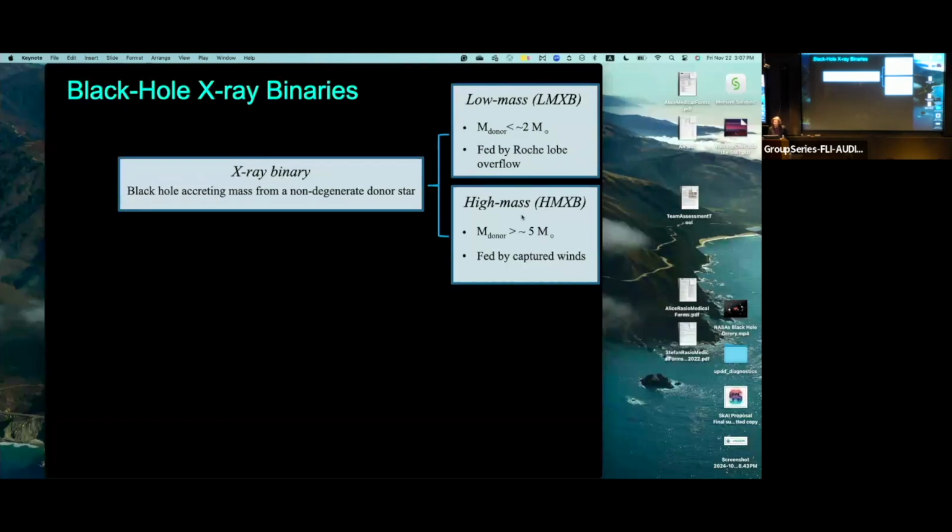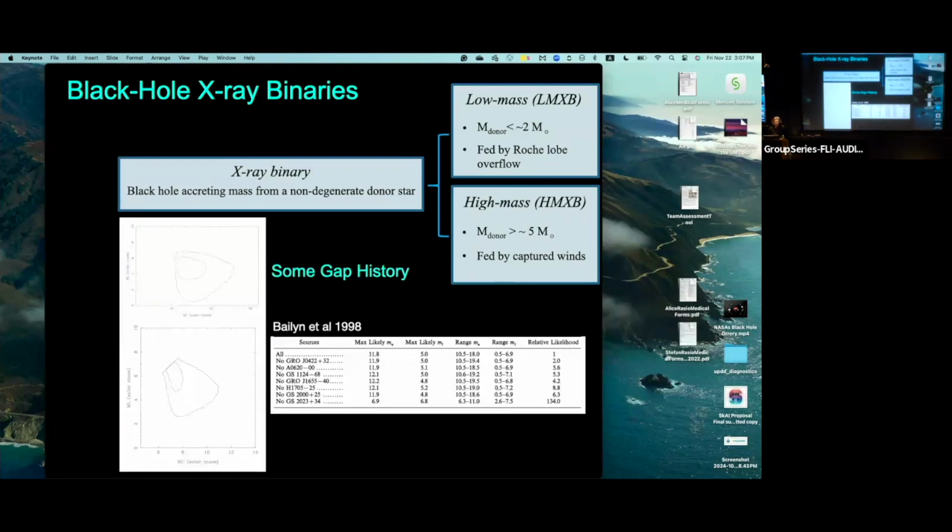And high mass X-ray binaries have companions that are more than about 5 solar masses, and they are fed by the stellar wind of the massive star. Part of it is being captured by the black hole. And in both of these kinds of systems, we are able to measure the black hole mass.